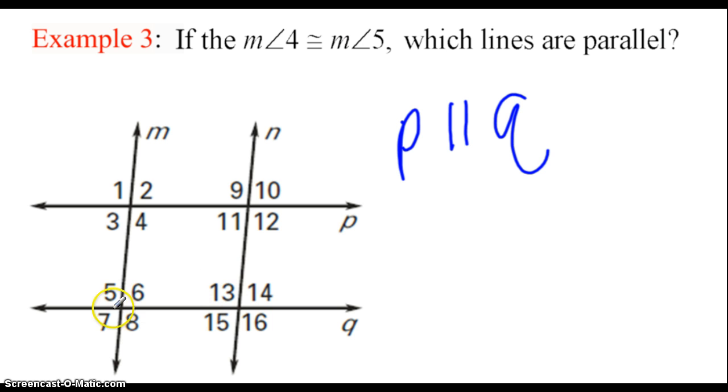If I say 5 is congruent to 13, you would outline 5, you could outline 13, and you would say, okay, they're both on Q, so M must be parallel to N if this is the case. So that's the style question that it's asking you.